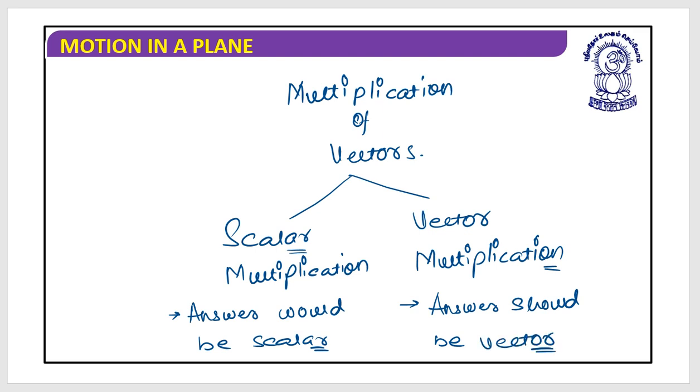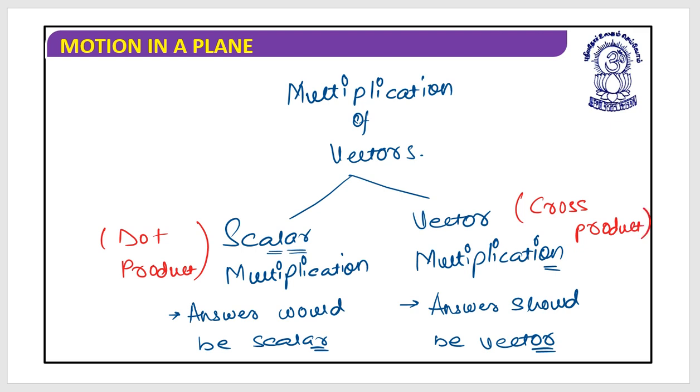Is it clear? When to perform scalar multiplication and when to perform vector multiplication, I will let you know as we proceed through the lecture. There are two kinds of multiplication possible on vectors. Scalar multiplication is also called the dot product, and vector multiplication is considered a cross product.